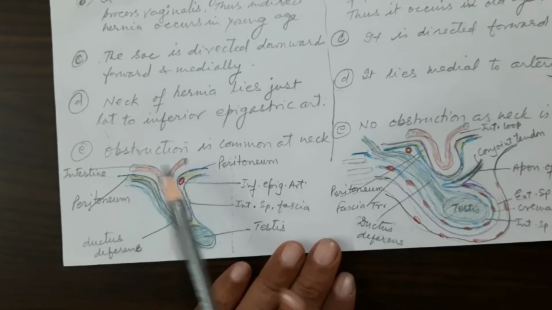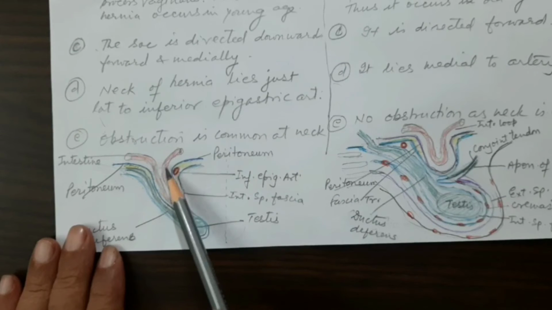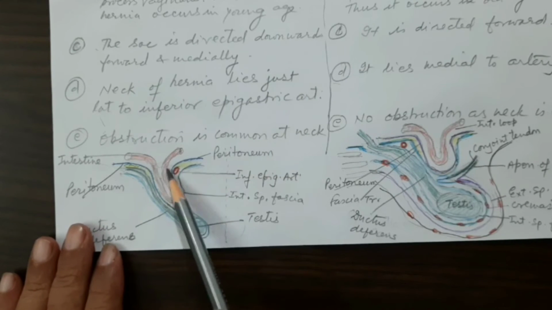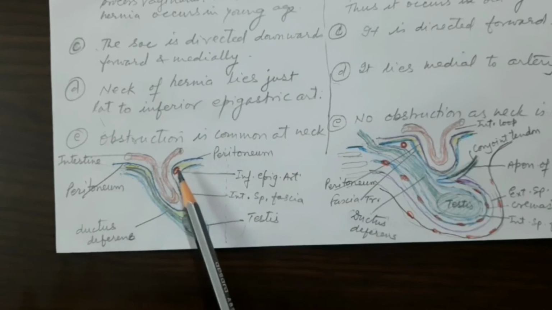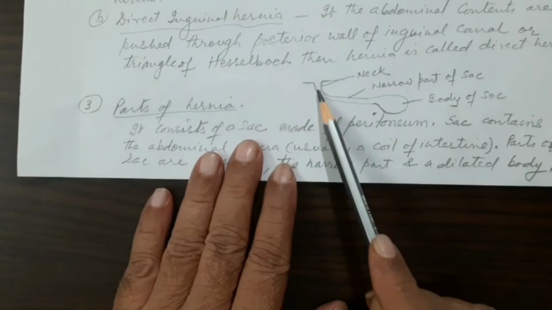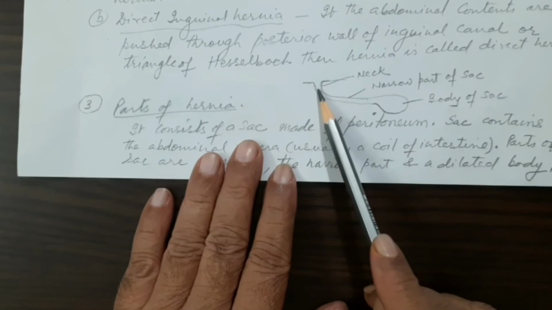Now the last difference which I have mentioned here is that obstruction is common at the neck. So these loops of intestine may get obstructed because here the neck is very narrow, as we have seen in this diagram. This was the peritoneal sac, and here at the neck it is narrow.